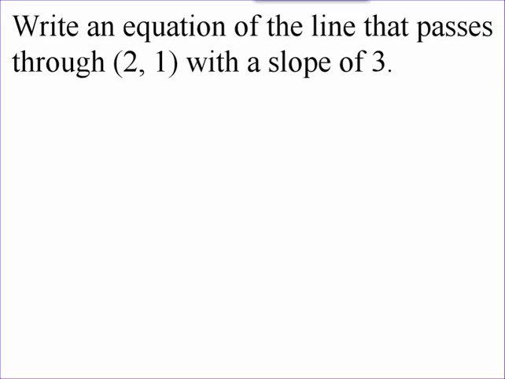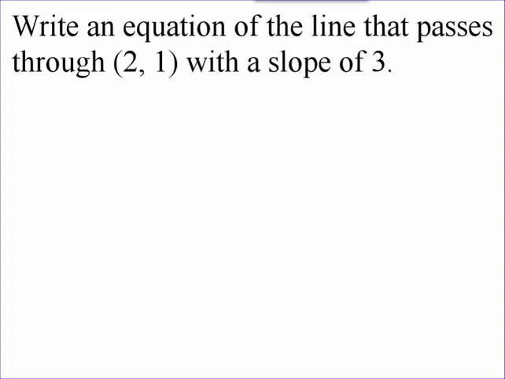Write an equation of the line that passes through (2, 1) with a slope of 3. Now remember our utmost goal, y equals mx plus b. So that's what we want to do here. Some people think they can just plug everything in and get an answer. No. We're actually going to have to solve an equation and go through some steps.